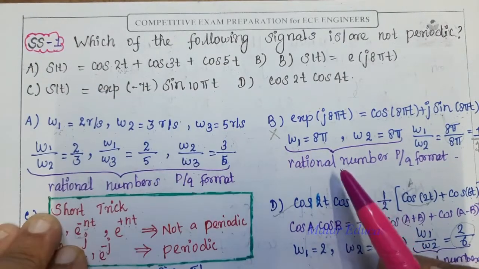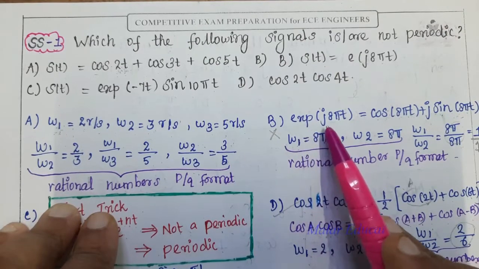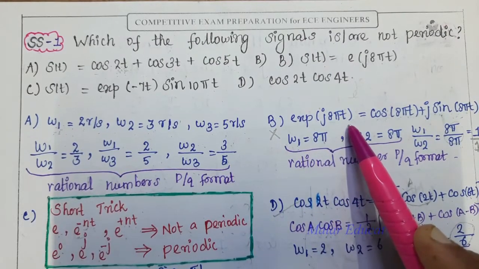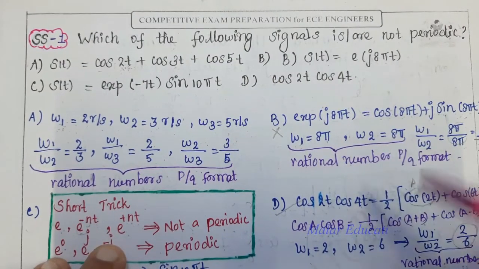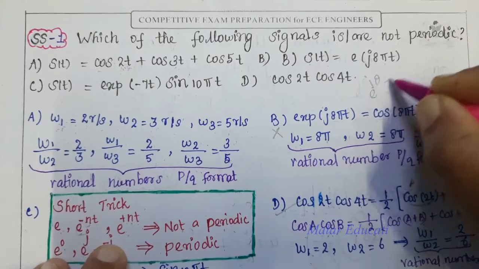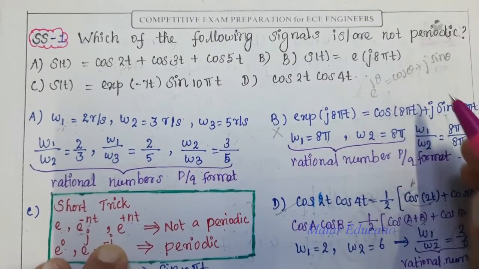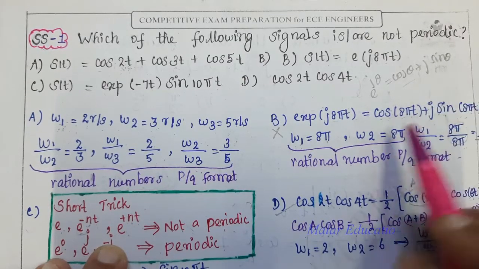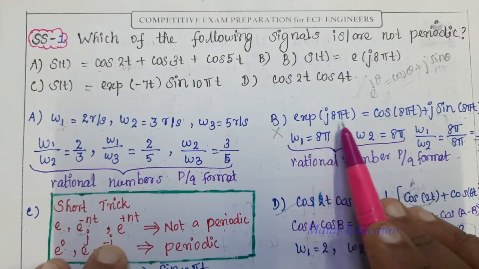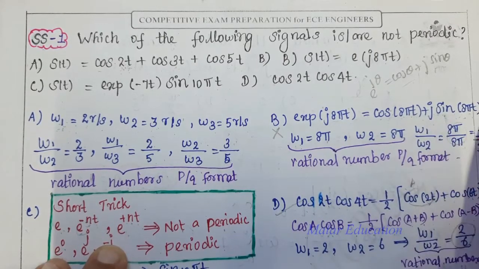Let's move to the second option. Here, exponential of j 8 pi t. Write it in terms of cos and sine. We know e power j theta equal to cos theta plus j sine theta, cos for the real part and sine for the imaginary part. So e power j 8 pi t is cos 8 pi t plus j sine 8 pi t.